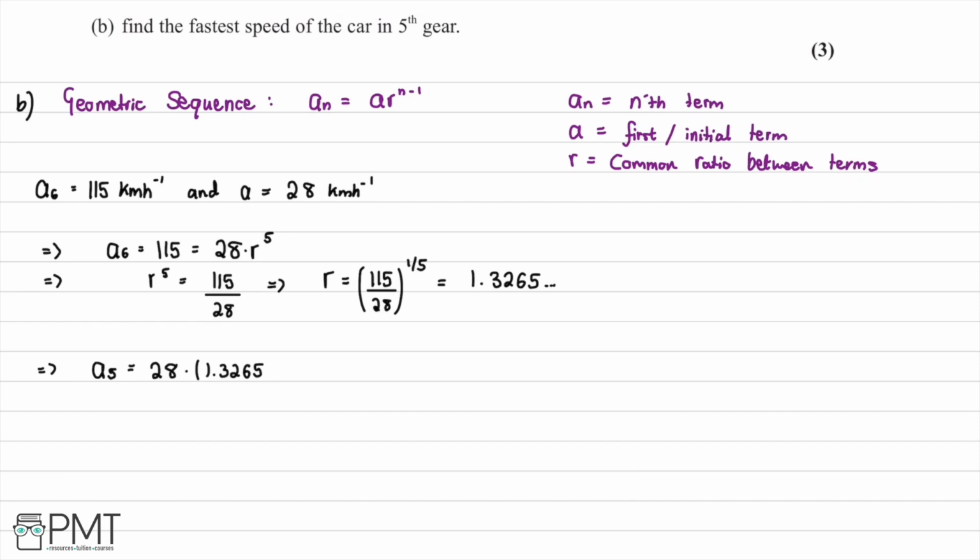What I did was leave the value stored in the answer part of my calculator, so I'll just write dots to show that we've used the full decimal places. That's a good way to make sure your answer is accurate. And then we take that to the power of 5 minus 1, which is 4.